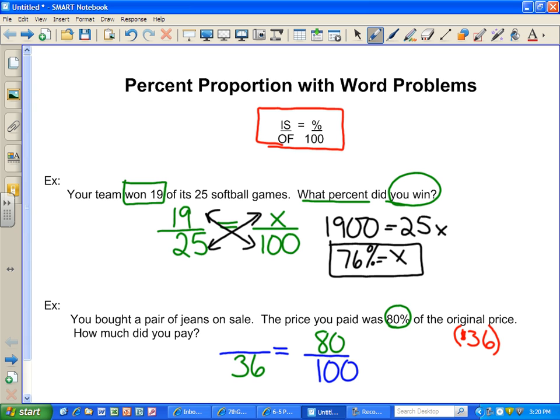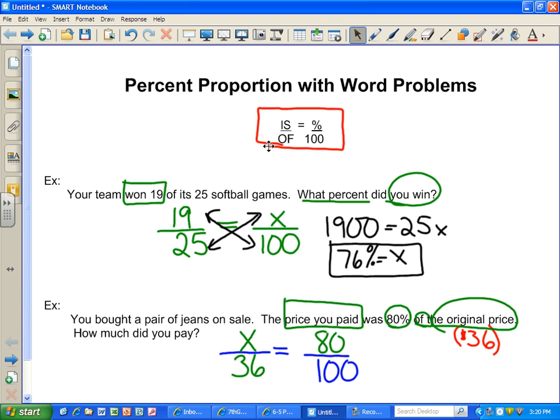Some key words: 80% of tells you the original price goes on the bottom. This 80% is talking about the price you paid, which is what we don't know, so that goes up on the top. Solve it by cross multiplication. You can do that on your own.